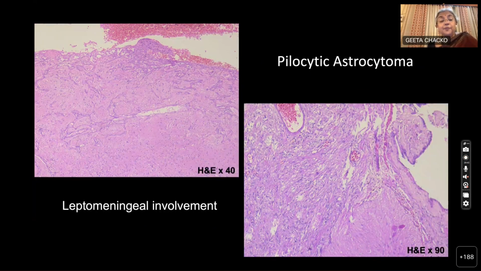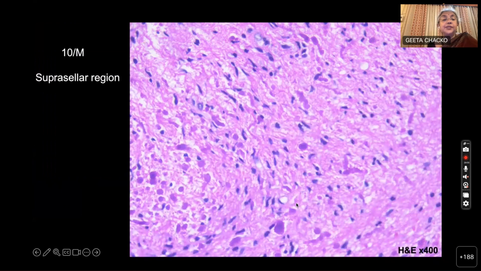Now, another feature of pilocytic is that it frequently involves the leptomeninges, and then in which case you'll see some amount of stromal desmoplasia or a stromal reaction to the tumor in the leptomeninges. Now, I wanted to bring in a word of caution. This is from a suprasellar region, another case where you're seeing, what are these again, Anamika, these structures?